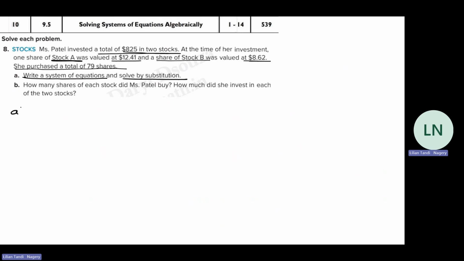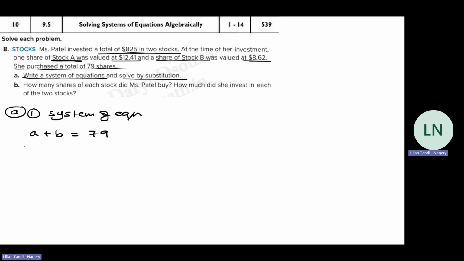So let's do part A, part 1, system of equations. Okay, so that will be A plus B equals 79.